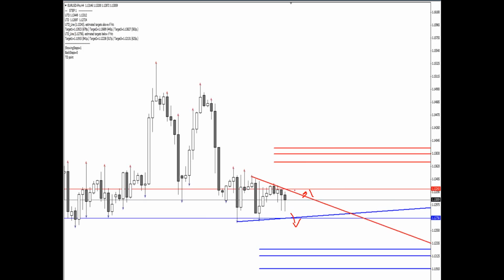Now the thing is, you need to wait for the candle close. Because you have both points here, you see you have point 1, which is this point, and point 2, which is this point, and you connect it. This is point 1 and point 2.